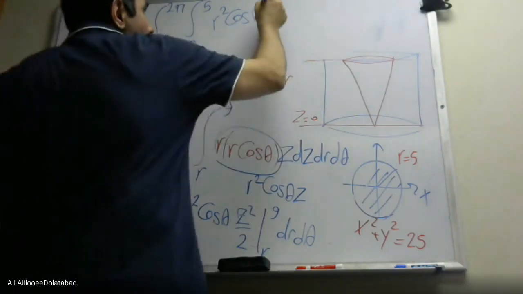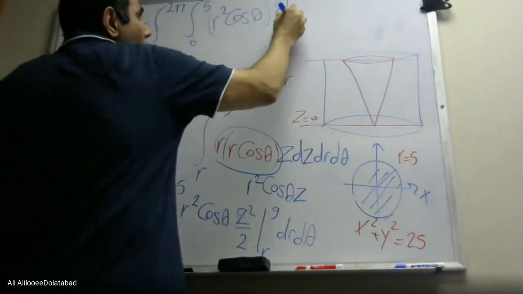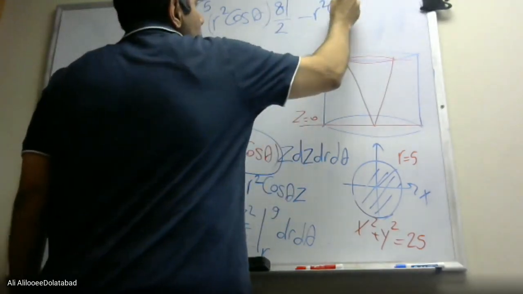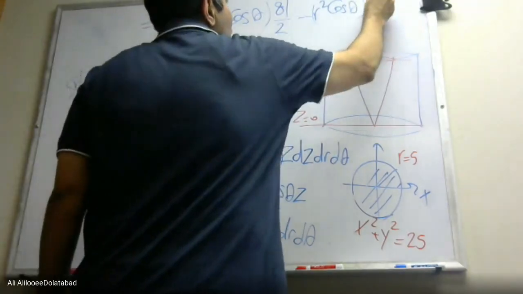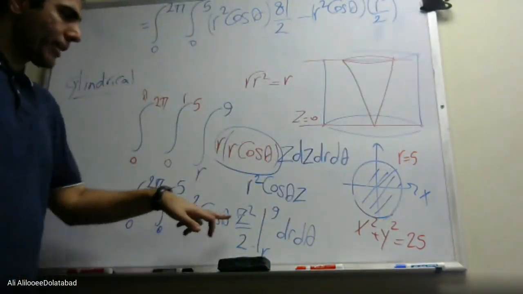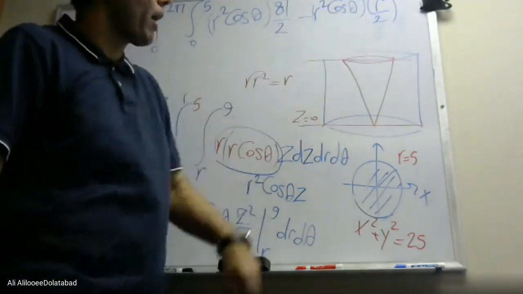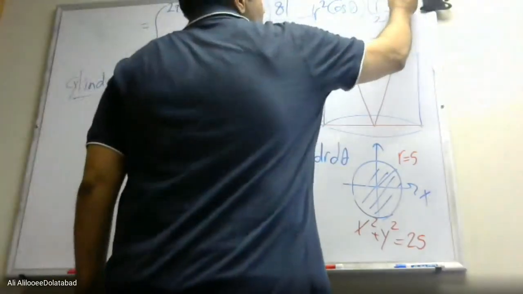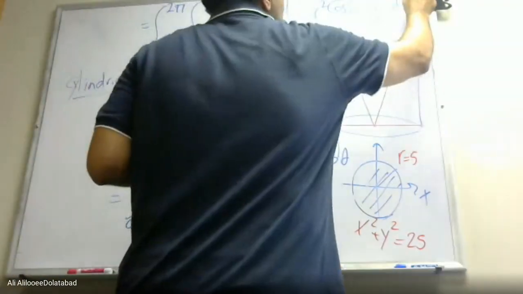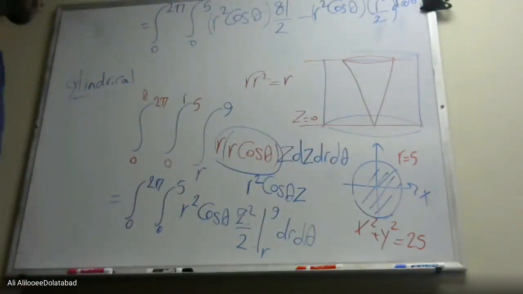I will plug in 9: 9 squared is 81 over 2. Then you plug in r, you have r squared over 2, minus r squared cos theta times r squared over 2, dr d theta.